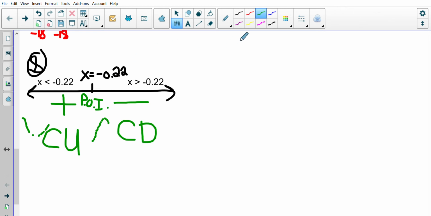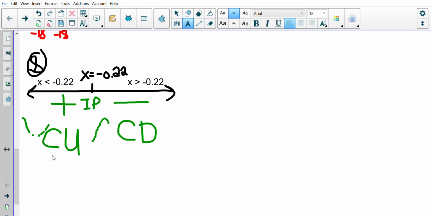POI is usually point of intersection, so let's go with IP, inflection point. All right, that's an IP. And that's a special point, so I need to plug that into my function. That again wasn't very fun because of that big huge polynomial, but I did it, and I got -1.18 as my inflection point. So, oops.